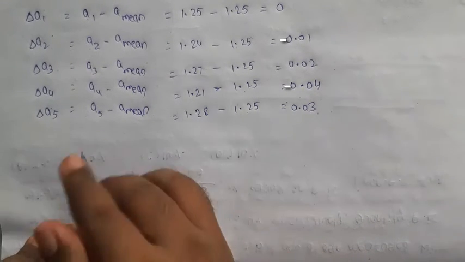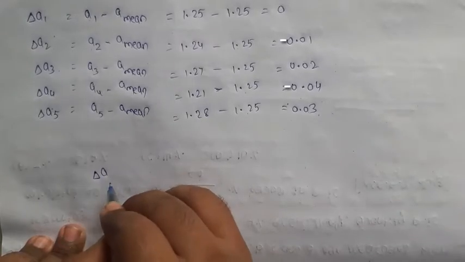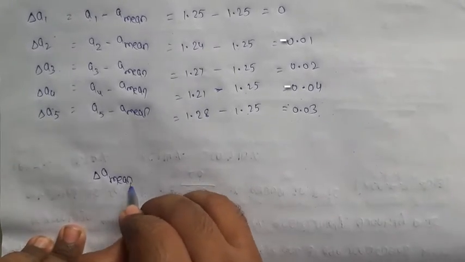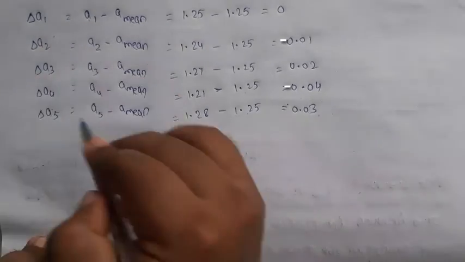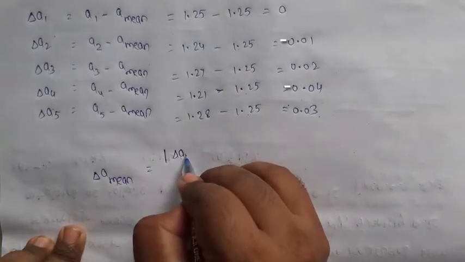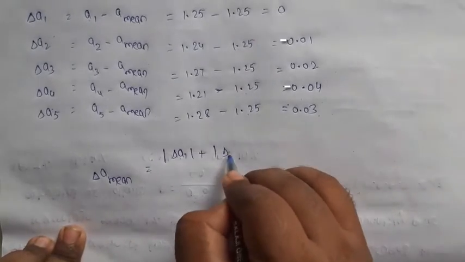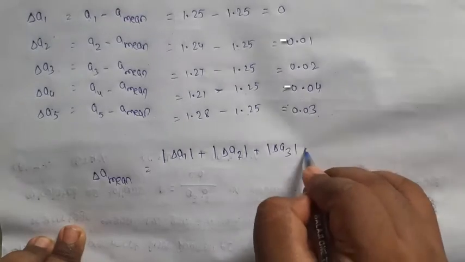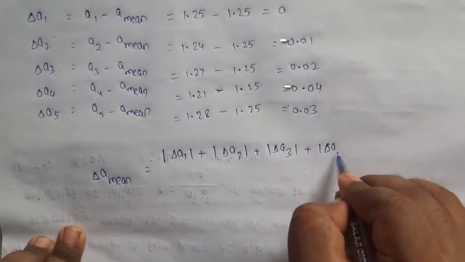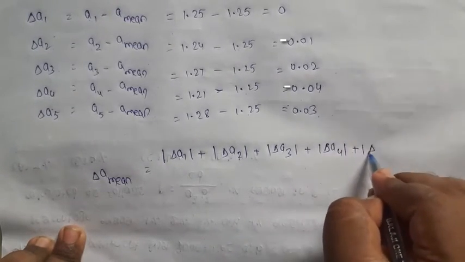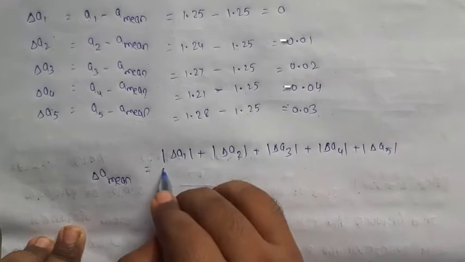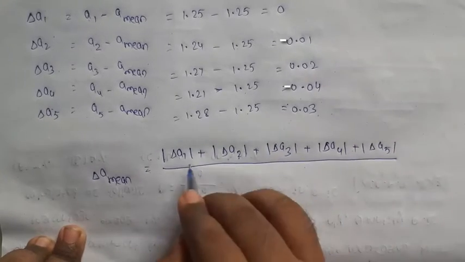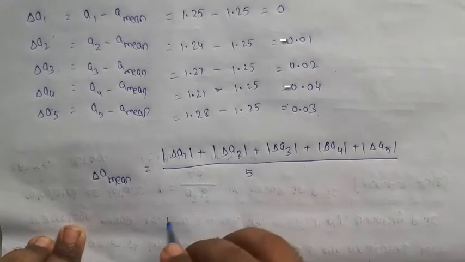Now I am going to find the delta A mean value. It is the sum of the errors: delta A1 plus modulus of delta A2 plus modulus of delta A3 plus modulus of delta A4 plus modulus of delta A5, divided by the total number of readings, 5.